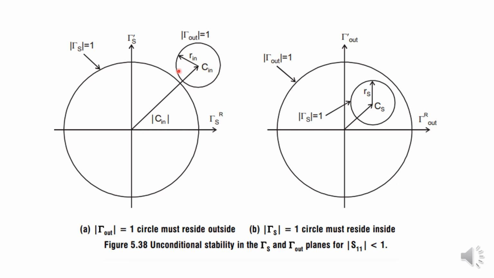This is the unconditional stability in the case of the tau s and tau out planes for |S11| less than 1. The second diagram represents |tau s| equal to 1, so the circle must reside inside. Likewise, we can find out the special case of unconditional stability also. Patient listening, thank you one and all.